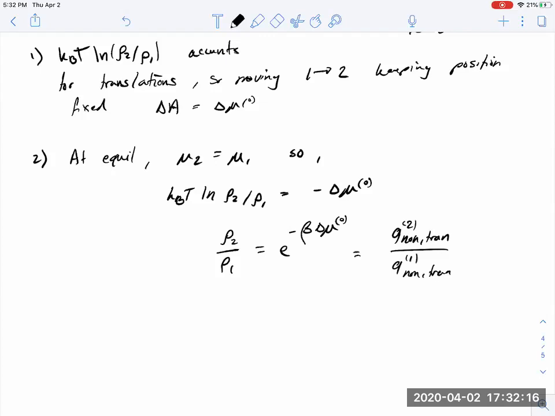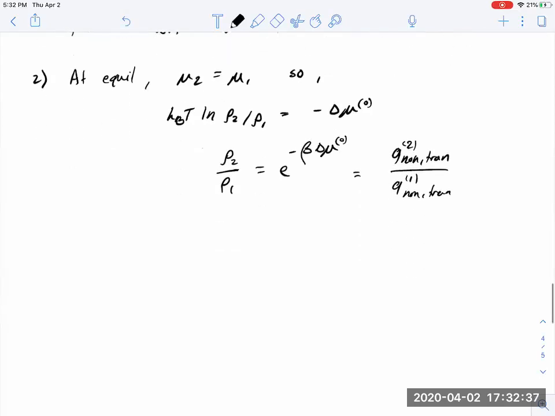If I can count up the number of states that a solute can fluctuate around in those two different phases, I can predict what the intrinsic preference of those solutes are for the different phases. So let's give it a concrete example for a solute going between the liquid and the vapor.